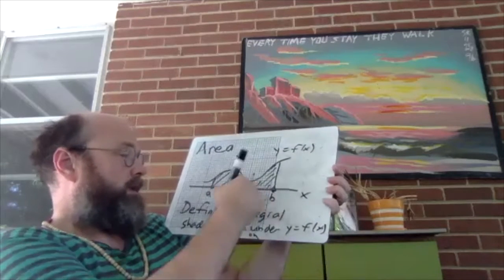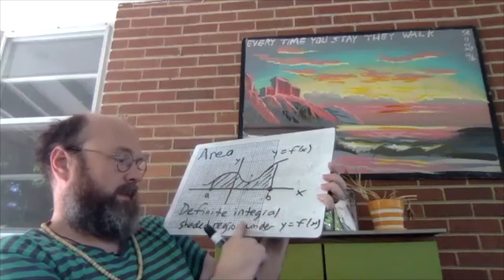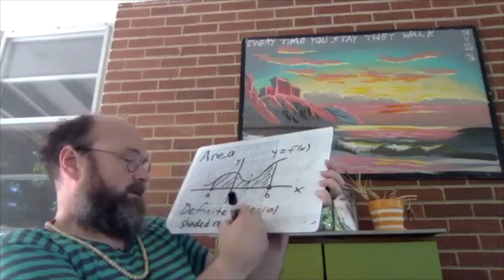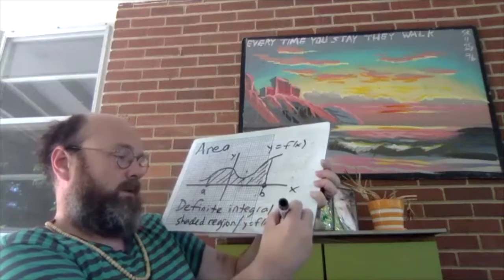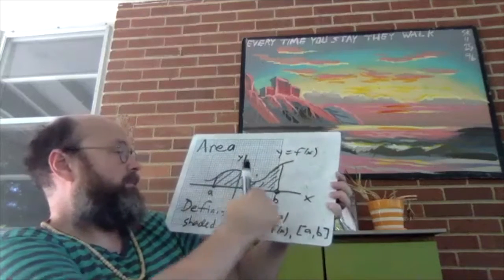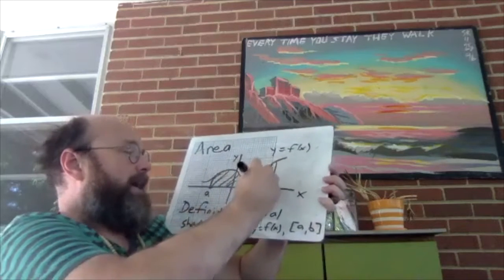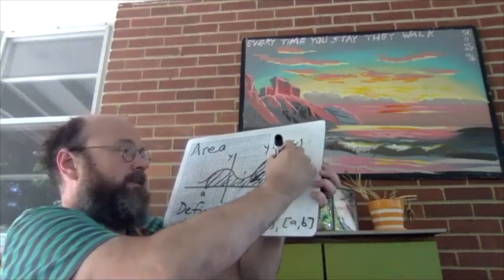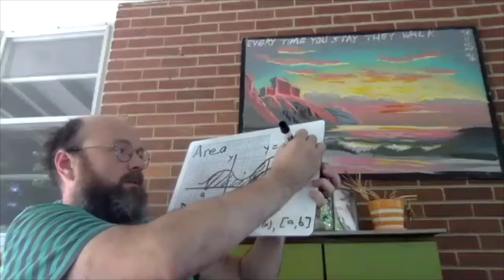On the interval, in this case, oh my gosh, I ran out of room. I'll just put y equals f of x. On the interval a to b, right? From a to b, we want the area under the curve. The name of that is an integral, a definite integral.